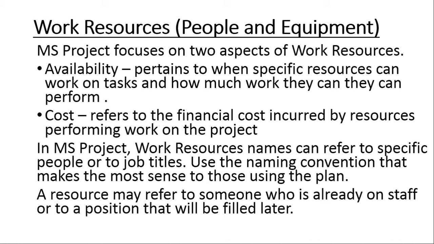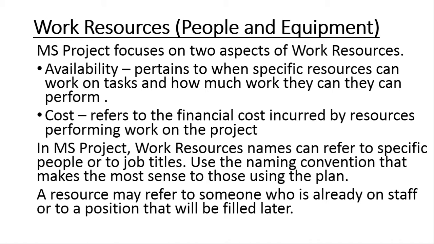So if it is an individual, we want to know if he is available for the whole 8-hour day or if he's only available for half the time. That is what we refer to as availability. So when we are recording the resources in MS Project, availability will either be 100%, 50%, 20%, depending on how often that particular resource is going to be available.